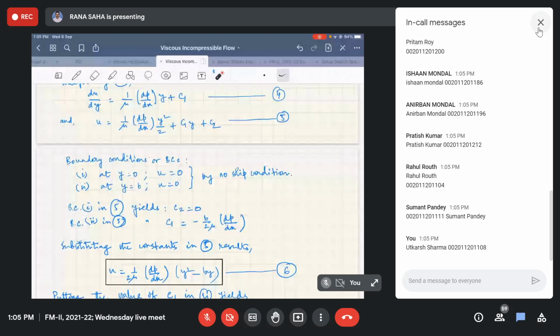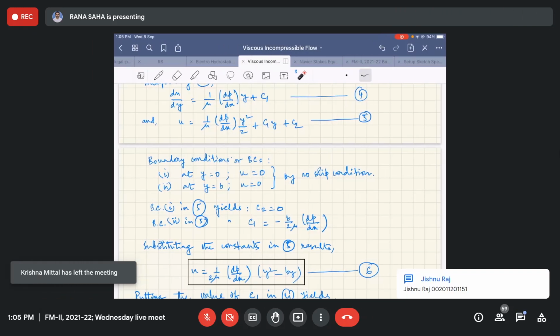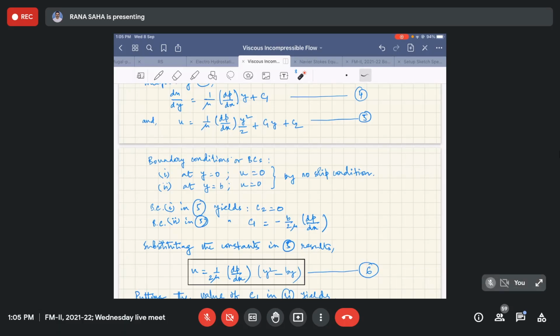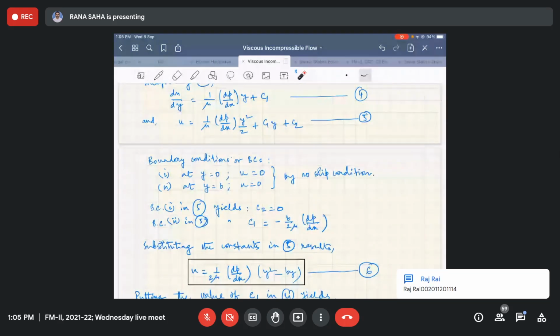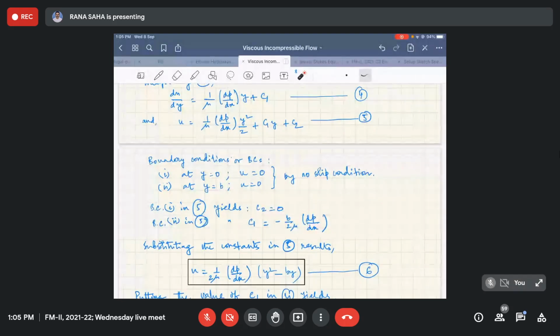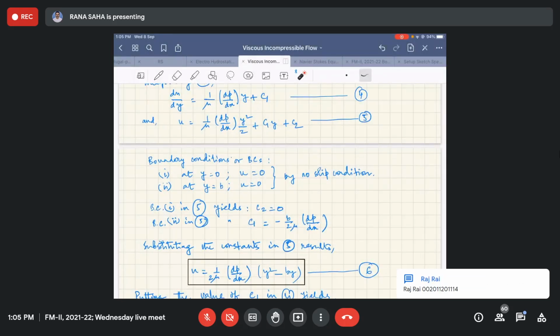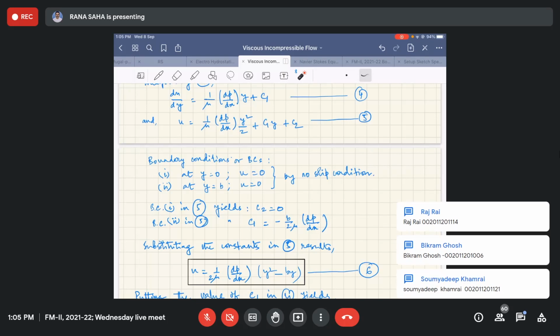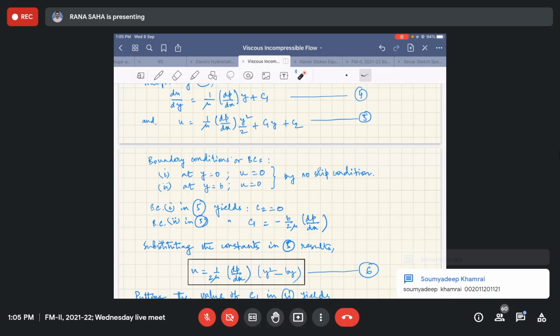If we use these two boundary conditions in equations 4 and 5, we get the values of C2 and C1.